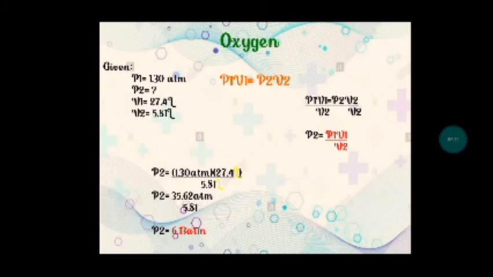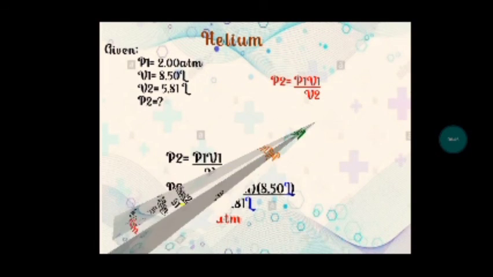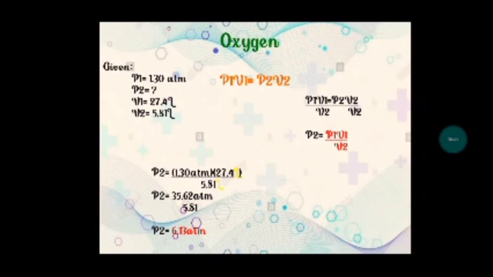The formula for getting the pressure is P1 multiplied by V1 is equal to P2 multiplied by V2. Our given P1 is 1.30 atm, and we're looking for P2, so our P2 here is unknown.